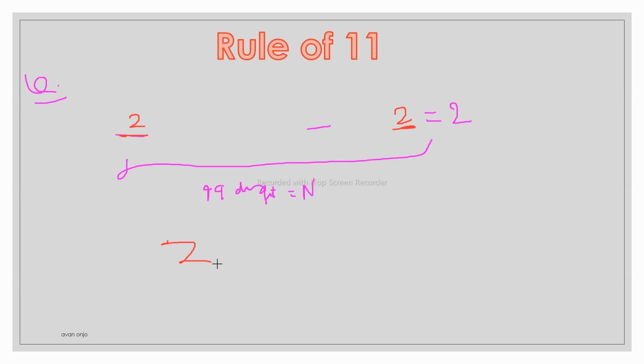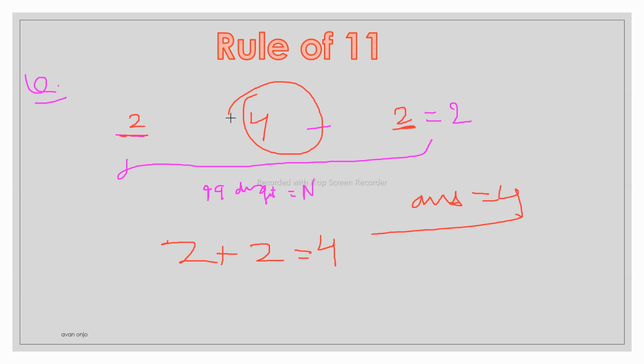So you have to add 2 plus 2, which is clearly 4. So the middle digit is going to be equal to 4. This is how we do this. Because if the middle is 4, you can just minus the alternate 4 with 4, so you're going to get a 0. Somewhat this is how it works.